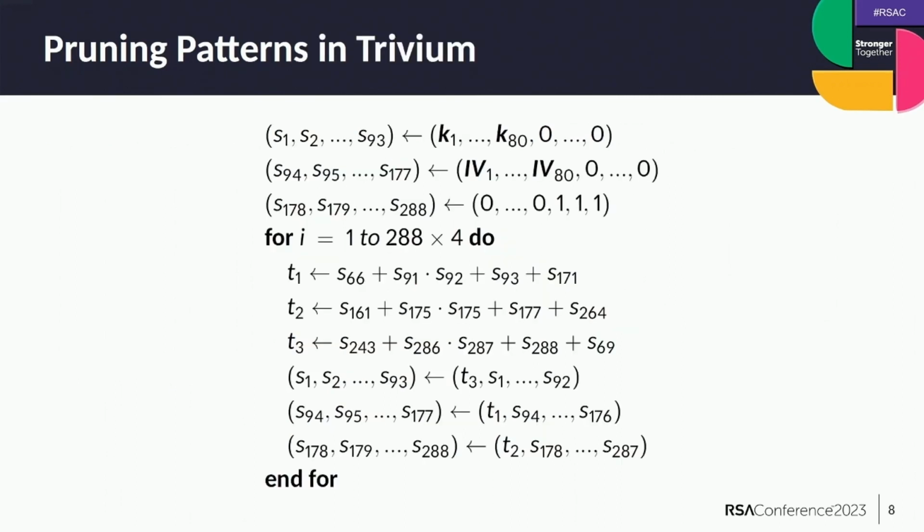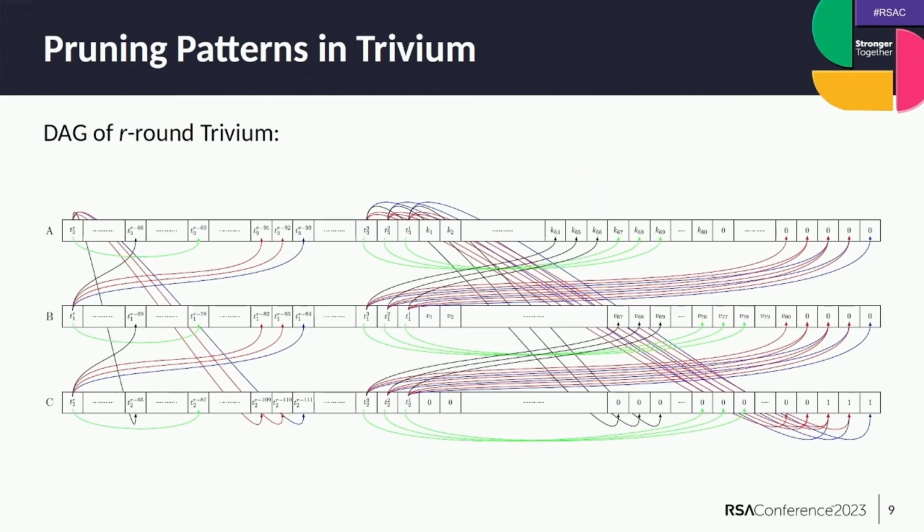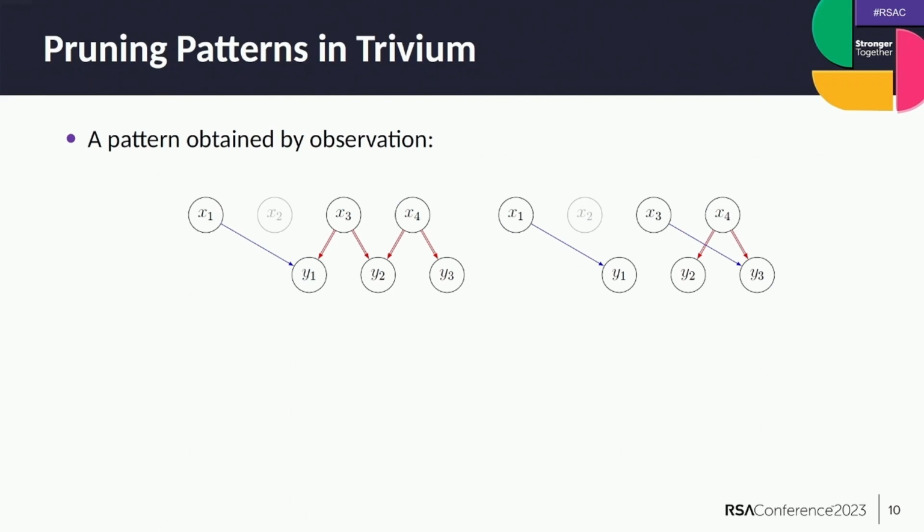We can add the following constraints to prune these trails. Now we need to apply this technique to Trivium. The pseudocode of the initialization of Trivium is as follows. And this is the DAG of a round of Trivium. We have obtained the following pruning pattern by observation.